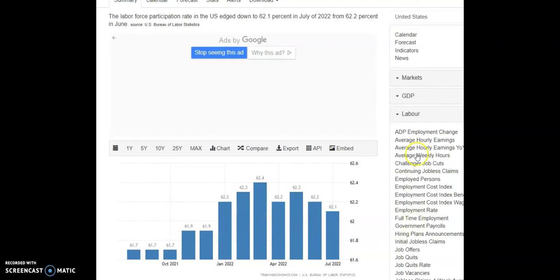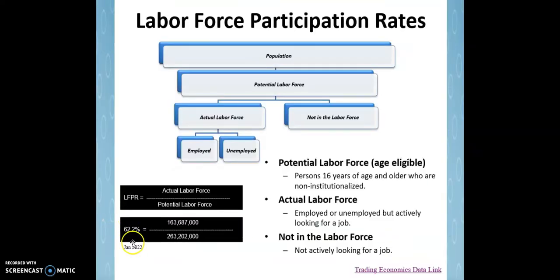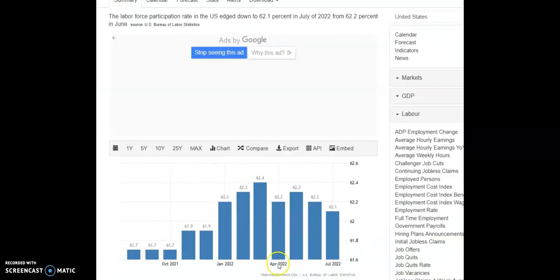And just for future reference, you can also get a whole lot of other labor indicators on this site as well. But this is the labor force participation rate. As of this video, the most recent information is July 2022, and we got 62.1%. Okay? Well, I think that was the same as what we had here, right? 62. No, it's 62.2. So it's about the same, very minor change.